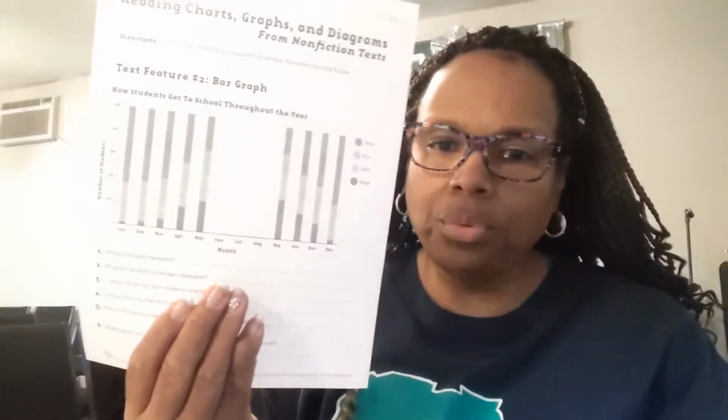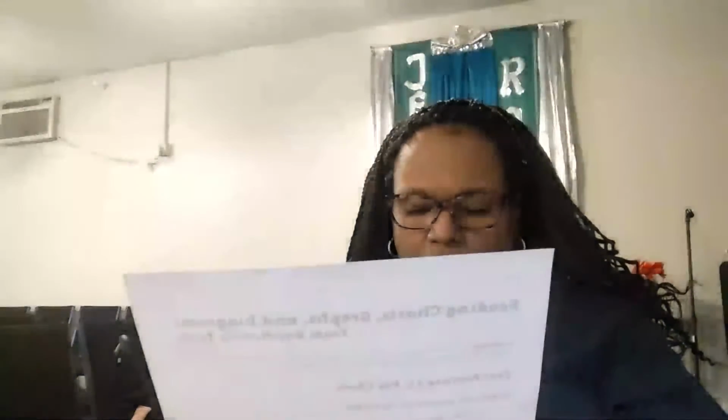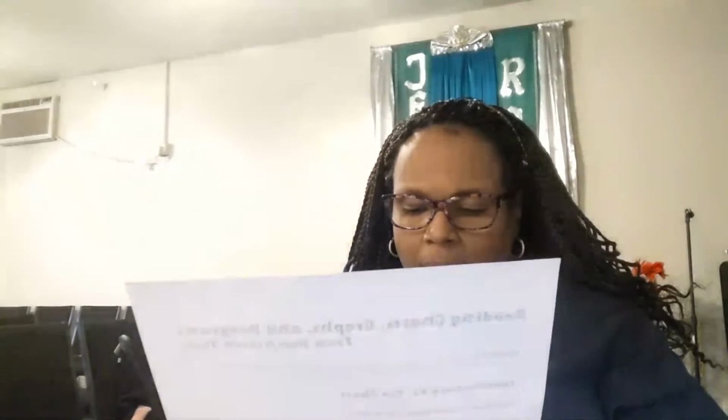Perfect. Okay, now let's look at this right here, page 2. What about the fourth? Oh, we didn't do the fourth one? I thought we did. Oh, I'm sorry. What type of nonfiction text do you think this pie chart was taken from?